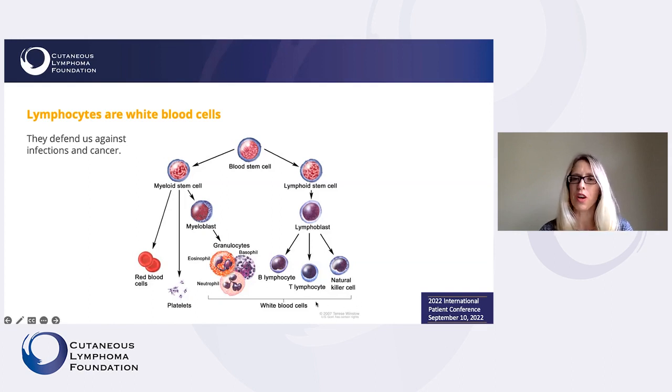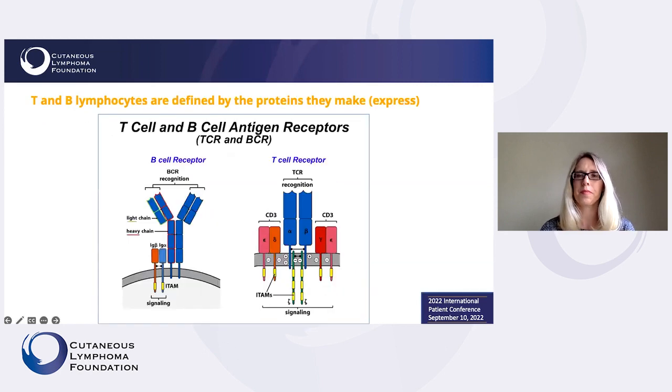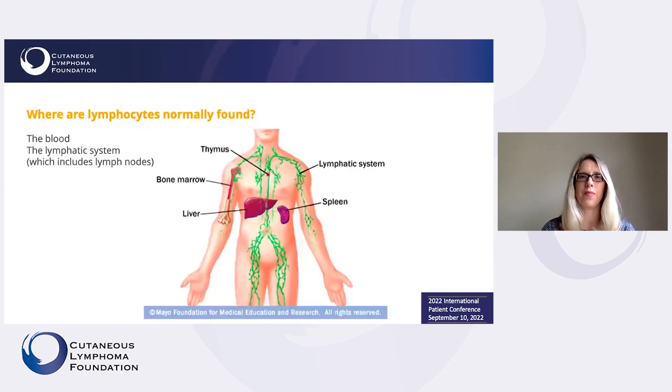Over here, I'm going to draw your attention to the two main types of lymphocytes, which are the B lymphocytes and T lymphocytes. We define these lymphocytes by the types of proteins they make and attach to their cell surface. B cells have what's called the B cell receptor, and T cells have what's called a T cell receptor. And that is how we recognize which cells these are.